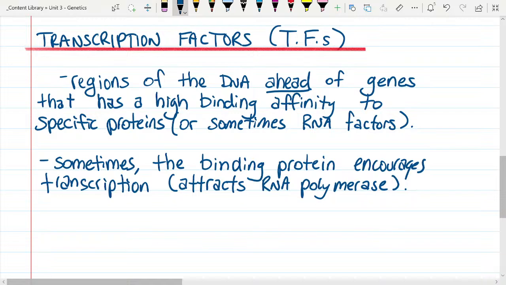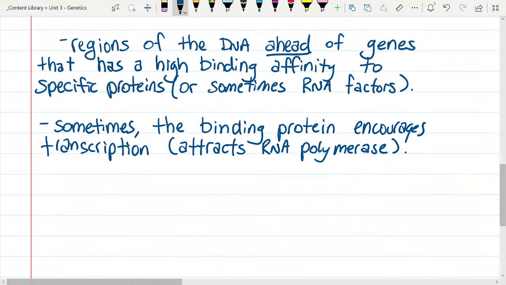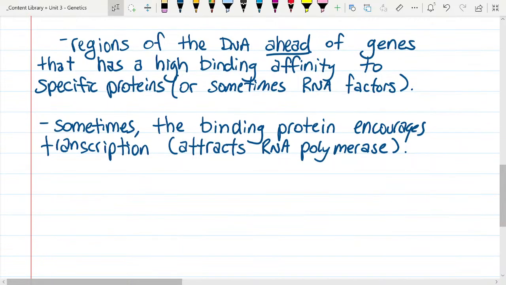So we have these regions of the DNA that have a high binding affinity to some specific protein or some specific RNA factor. And we'll talk about what that looks like in a bit. But sometimes the result is that once that binding protein has attached, that encourages transcription. We talked about this before, and if you remember, we call these activators. Or sometimes we'll use the term positive transcription factors.